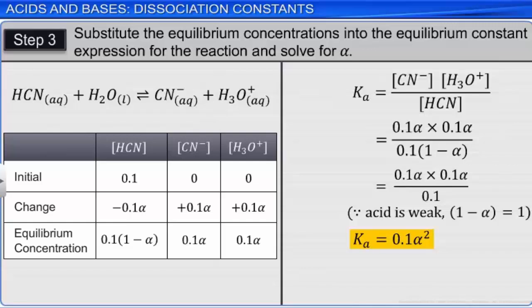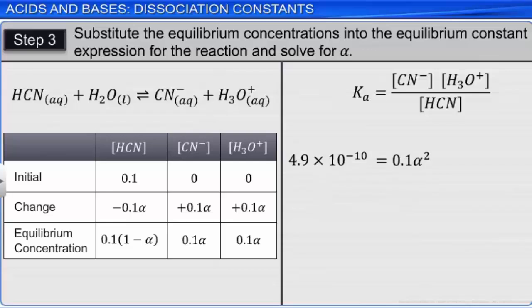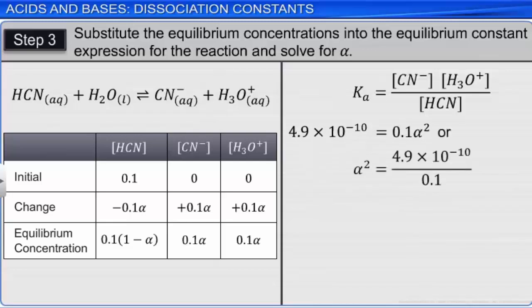As the value of Ka for hydrocyanic acid is given as 4.9 multiplied by 10 raised to the power minus 10, we can write 4.9 multiplied by 10 raised to the power minus 10 is equal to 0.1 alpha square. Now, this can be written as alpha square is equal to 4.9 multiplied by 10 raised to the power minus 10 divided by 0.1.